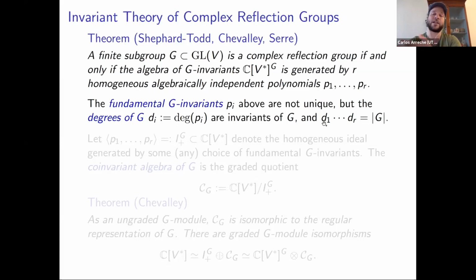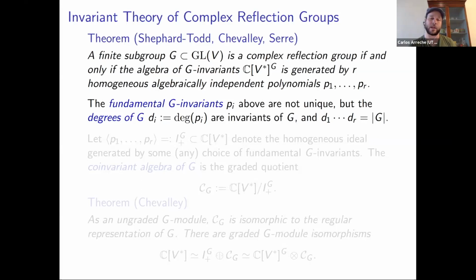And in fact, it's known that when you multiply them out, you get the order of the complex reflection group. So a quick example of this, if you like: the symmetric group on r letters is, well, real and so also a complex reflection group.